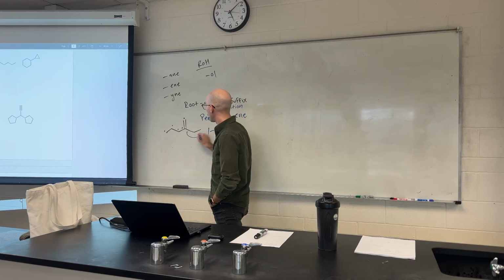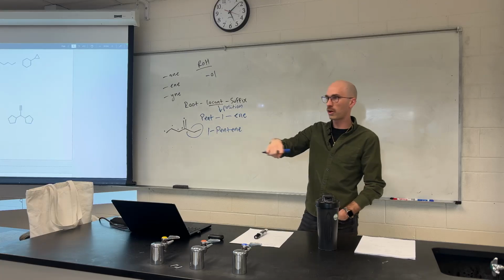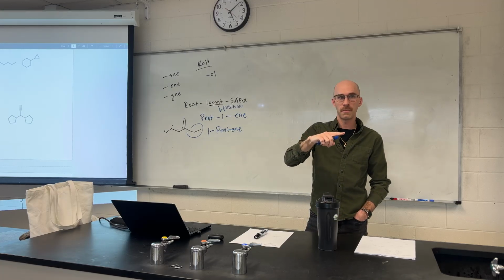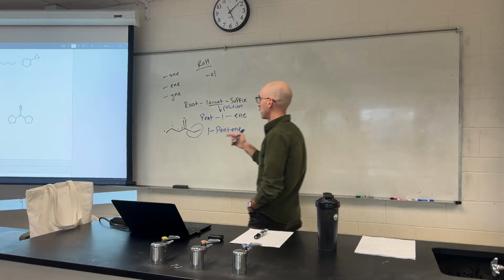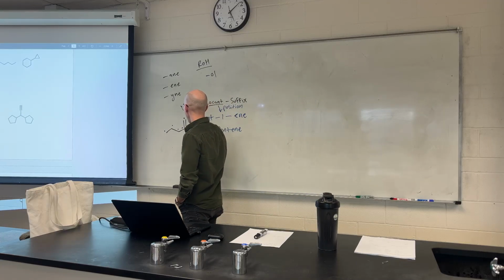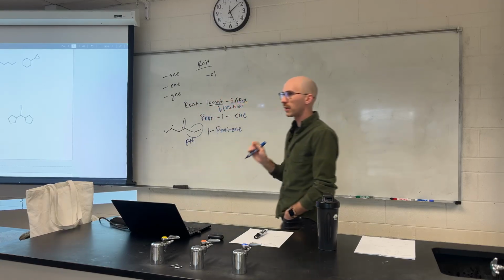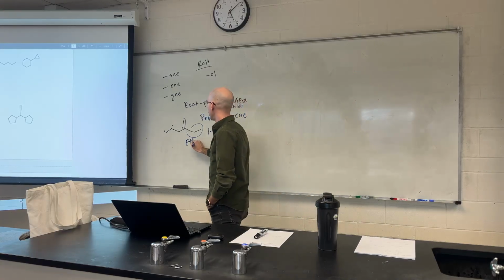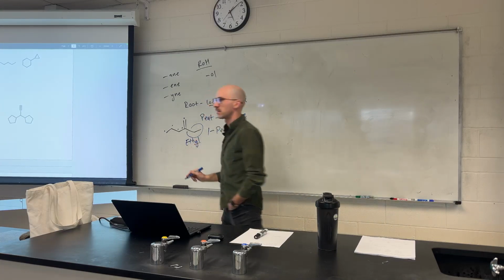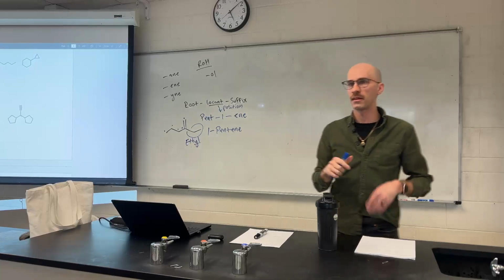We also decided that this name, 1-pentene or pent-1-ene, doesn't actually describe everything that's happening in the structure. There's a 2-carbon group that is not a part of this longest continuous chain. So to describe 2 carbons, we'll give this the root eth, and we'll give it a suffix yl. Do you guys remember what we decided the yl suffix informs about something?